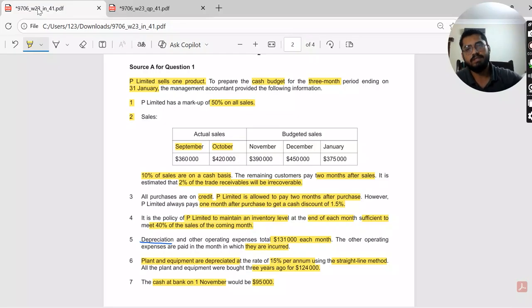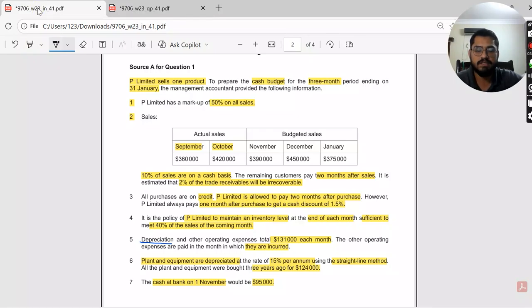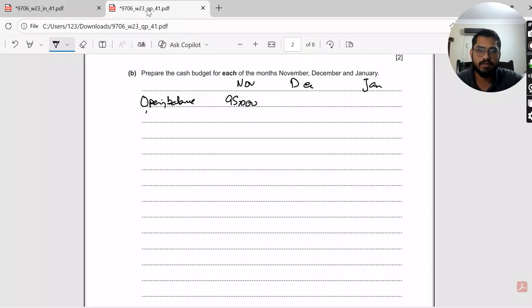And we'll be calculating the closing balances as per that. So for the inflows we have sales over here, and about sales it says that 10% of the sales are on cash basis. So this means that of all the monthly sales, 10% of each month's sales would be received in cash in the same month. So let's record that.